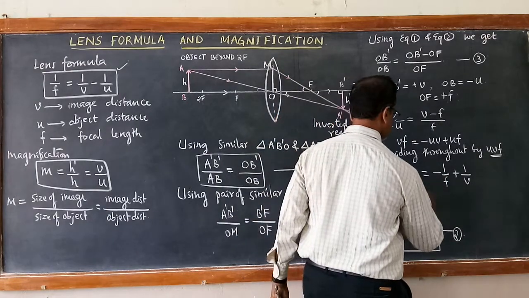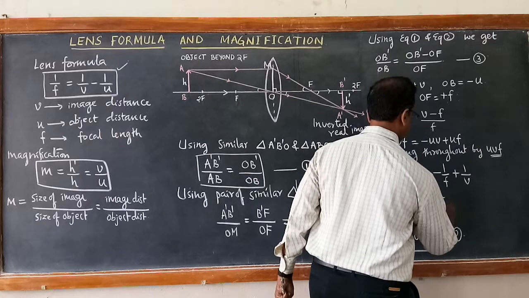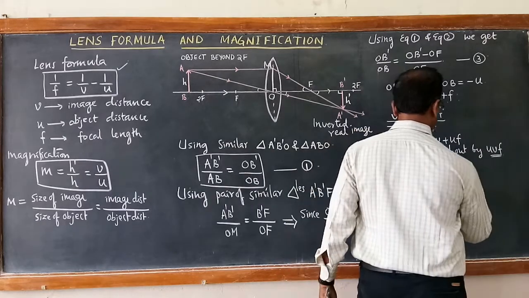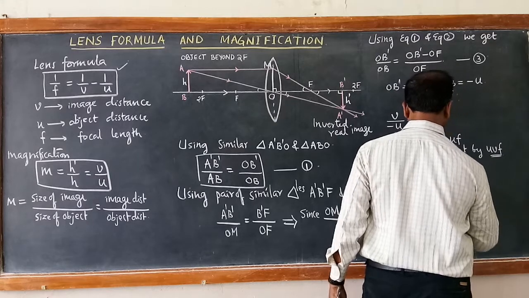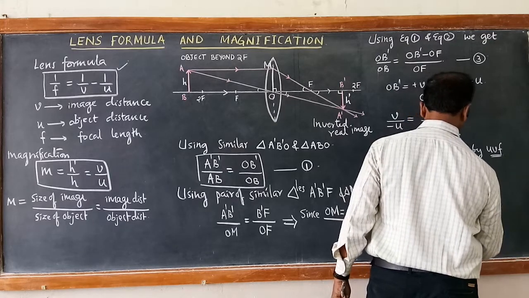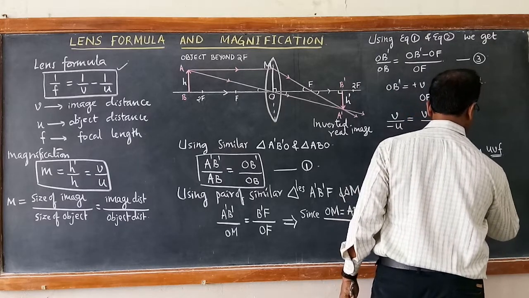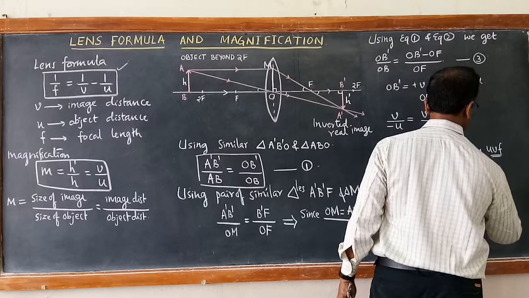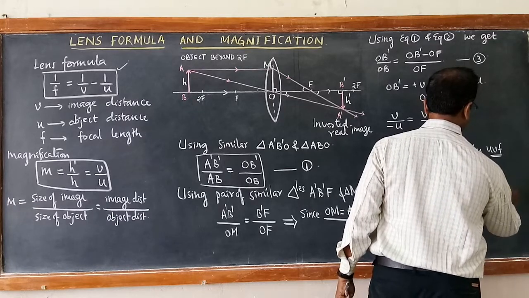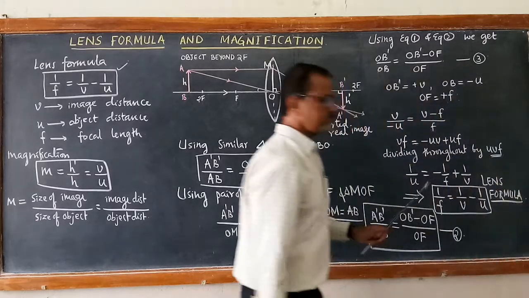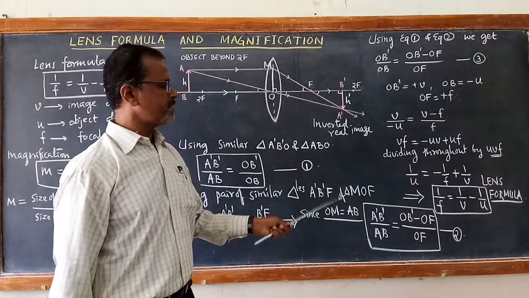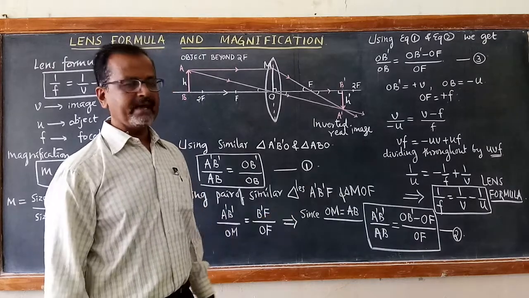This implies 1 by F is equal to 1 by V minus 1 by U. This is our important lens formula. Lens equation or lens formula. This is how we get 1 by V minus 1 by U equal to 1 by F.